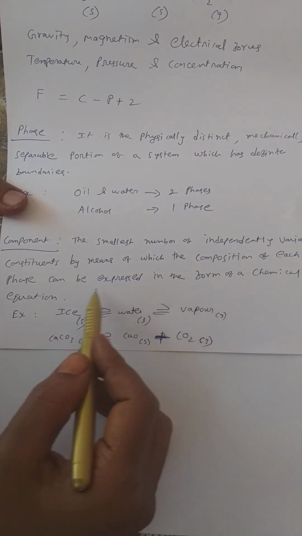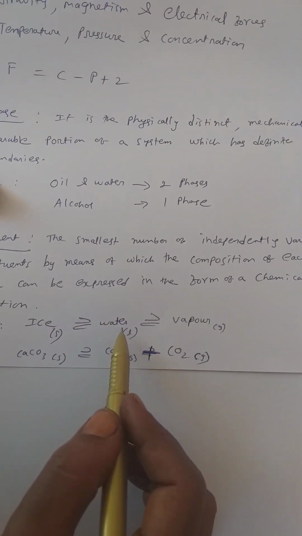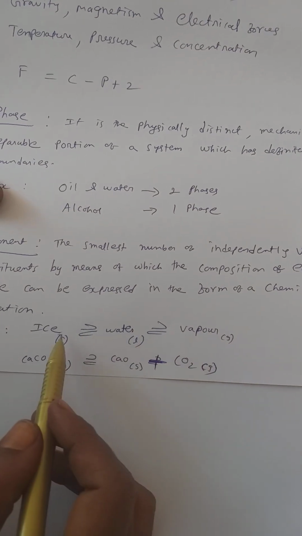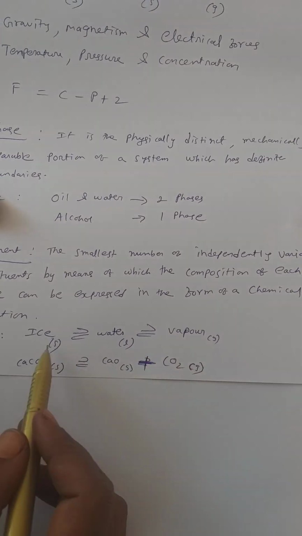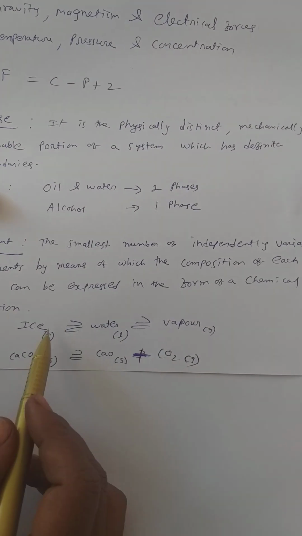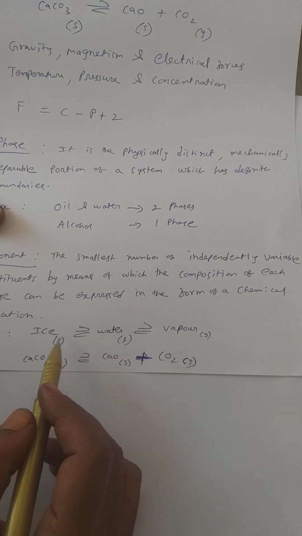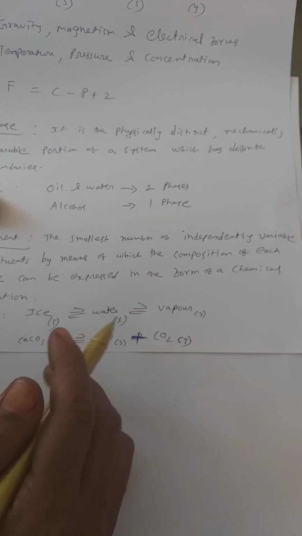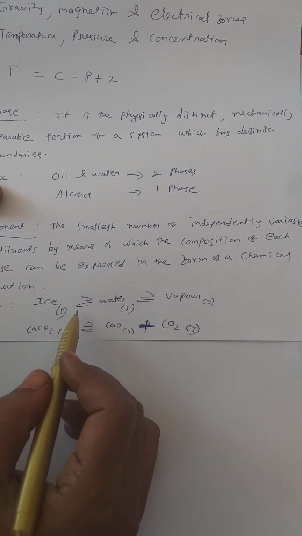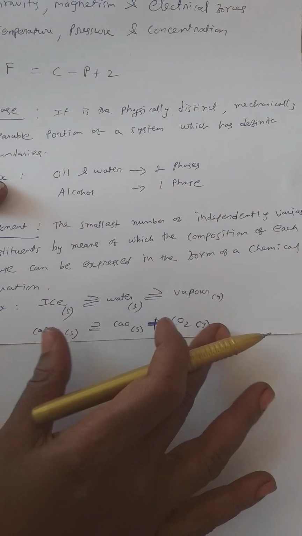Consider such an equilibrium where water exists in the form of solid, liquid, and vapor. It exists in all three phases, and it is all in equilibrium, which means that all three phases coexist together. And this equilibrium is governed by factors like temperature, pressure, and concentration.